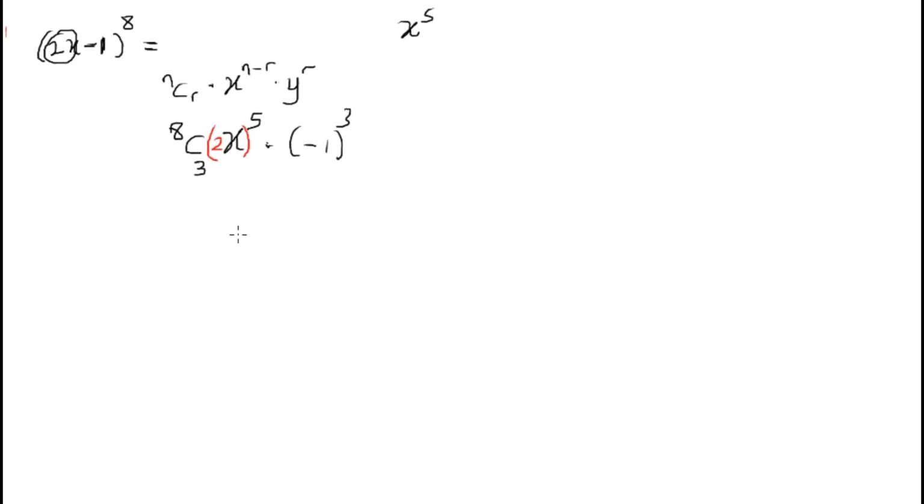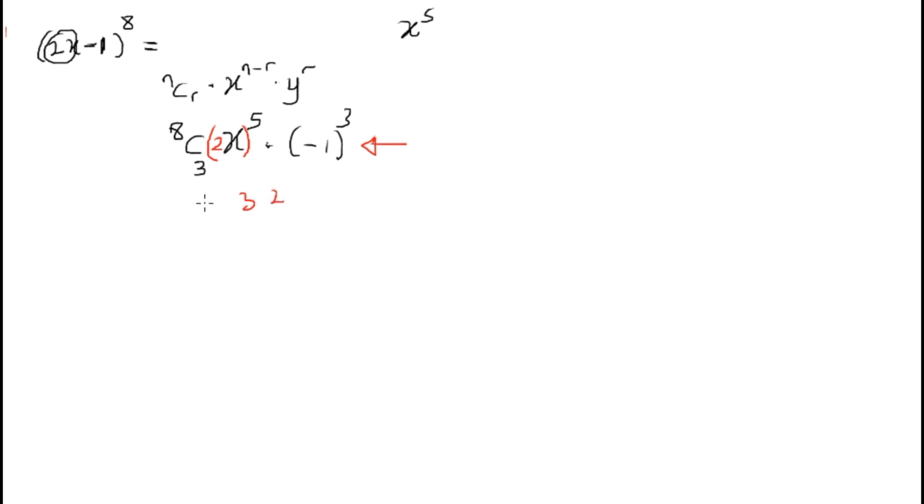Okay, so this is the binomial. Let's just simplify this. 2x raised to power 5 is 2 raised to power 5 multiplied by x raised to power 5. 2 raised to power 5 is just 32, and then minus 1 raised to power 3 will bring about a negative sign.